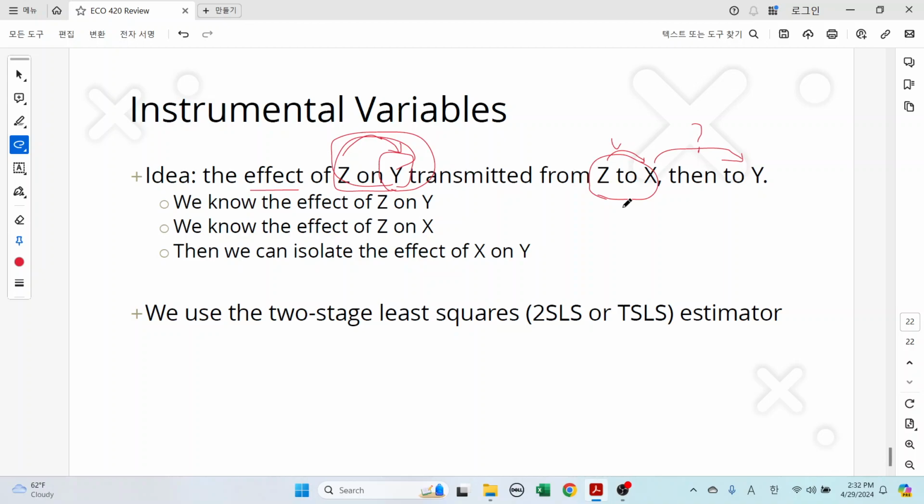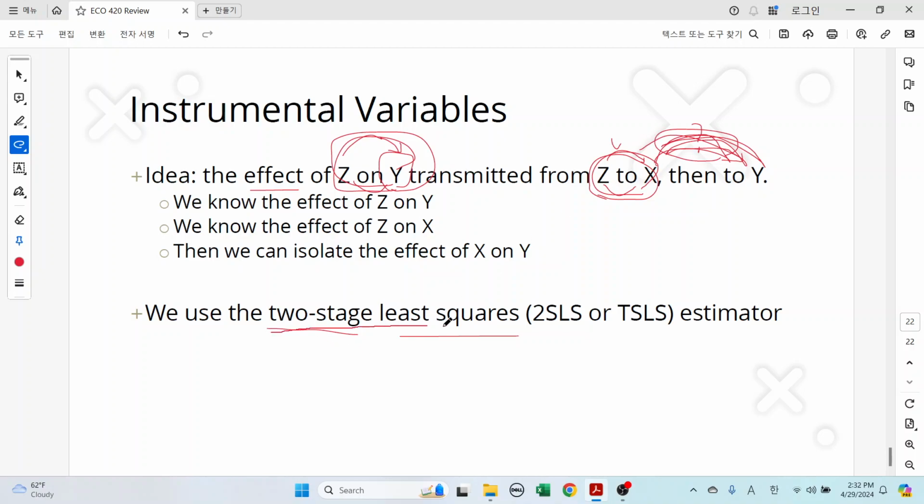You know the total effect, you know the effect of Z on X. Then you can recover the missing portion, right? That idea is called two-stage least squares.